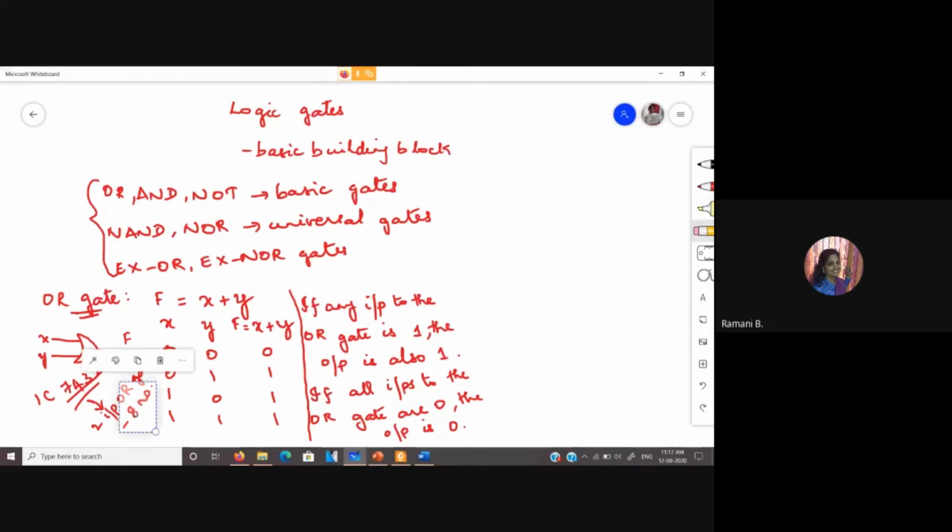So you will be having 4 numbers of 2-input OR gate in this particular IC.